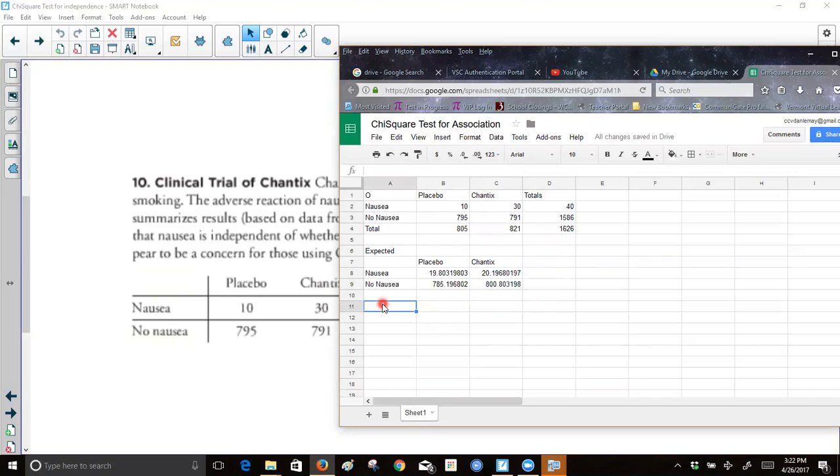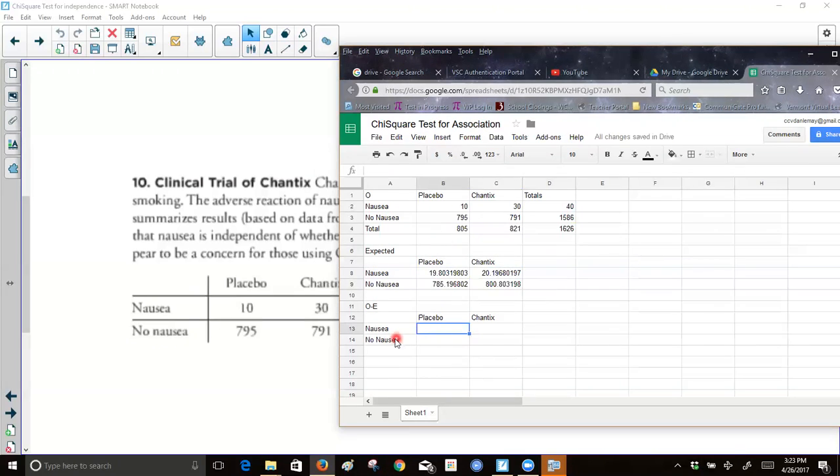Then just like with goodness of fit, we can do the observed values minus the expected values. Let me copy and go in here. You know I'm going to let you use technology for this, but we got to walk through a couple of these by hand. So observed minus expected.